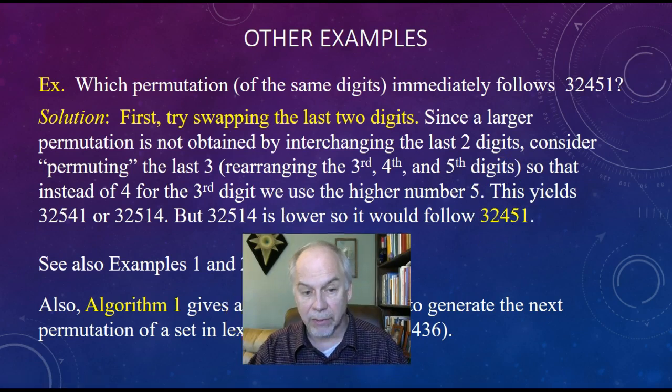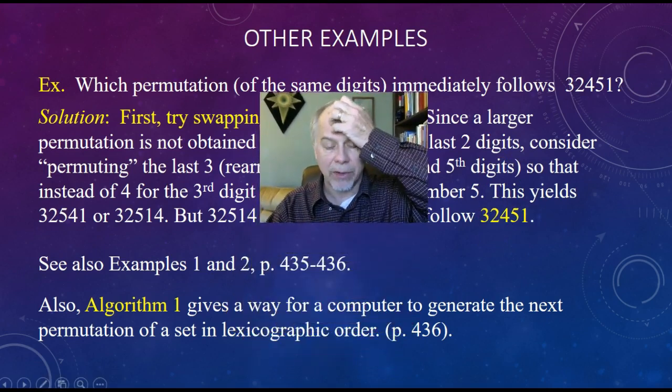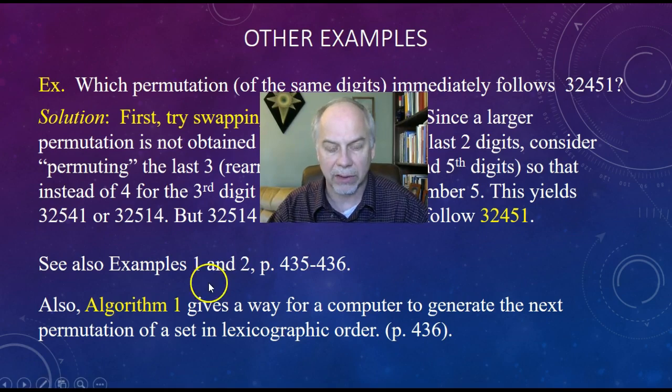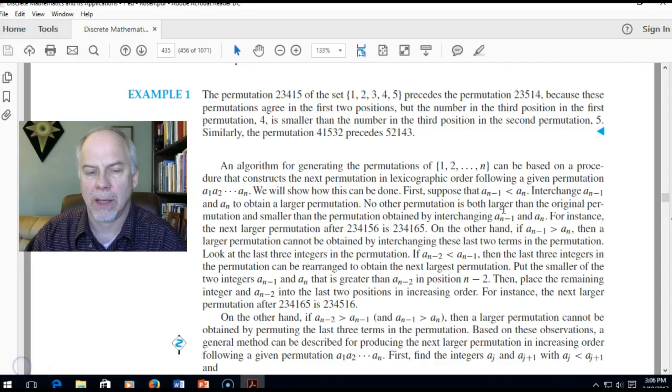Okay, there's some other examples on page 435. Let's take a look at this. So example 1 on page 435. This is very similar to the one I just talked about.